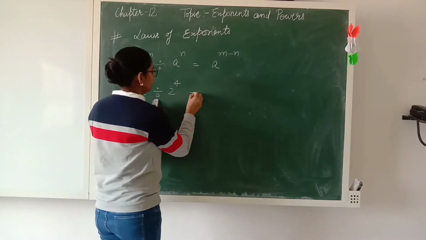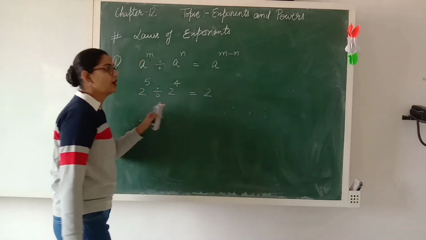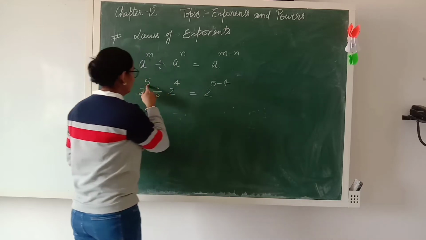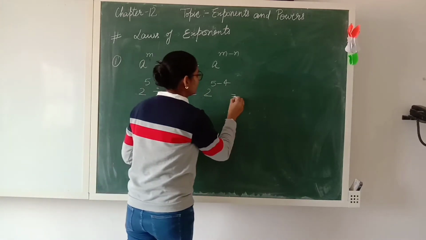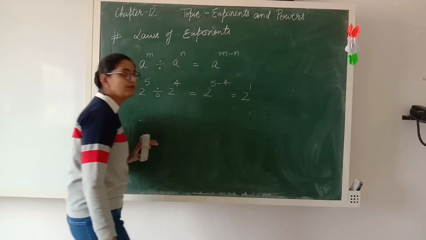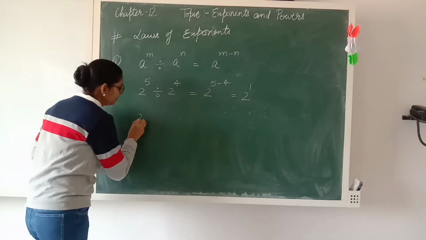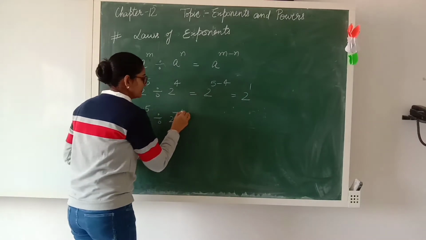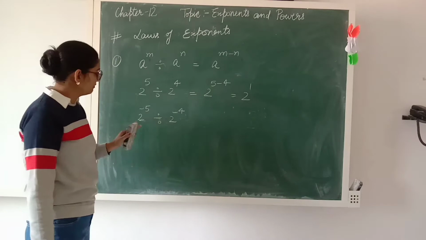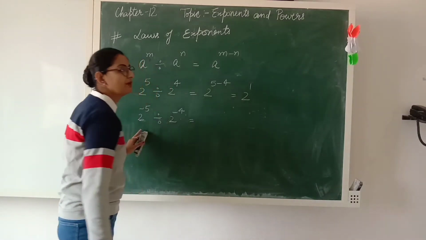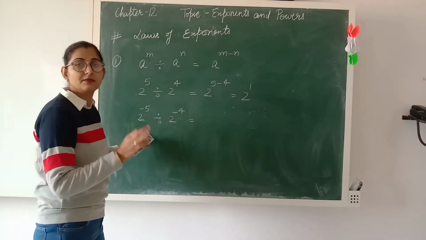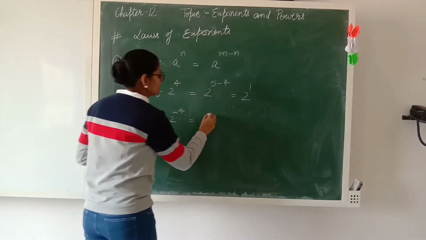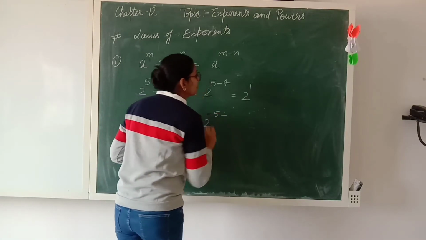Now write down minus 5, and now we have to subtract the other number.